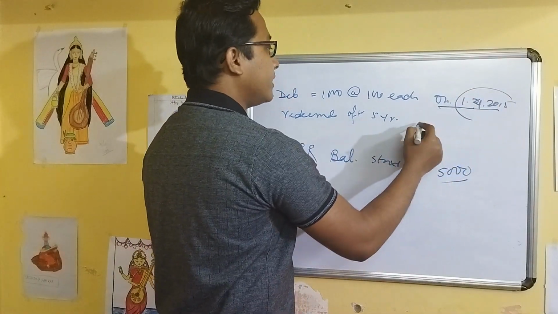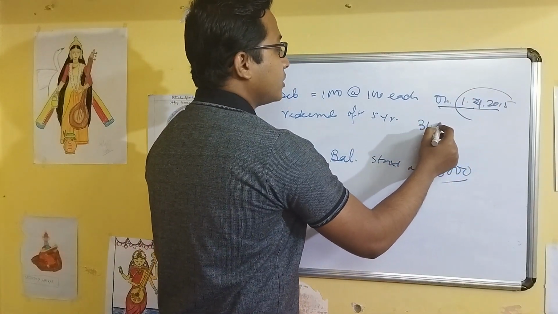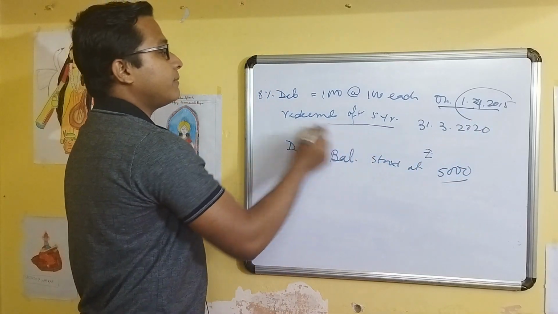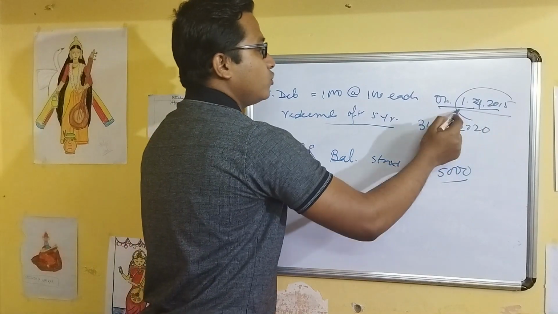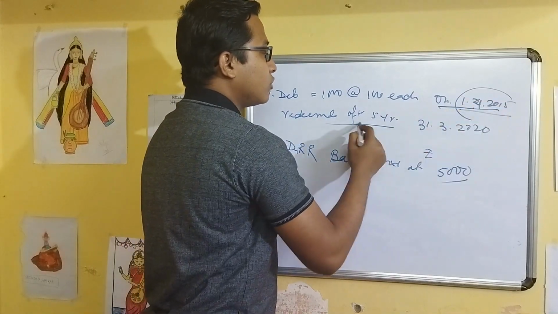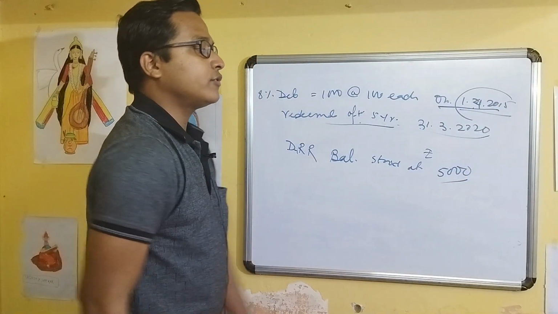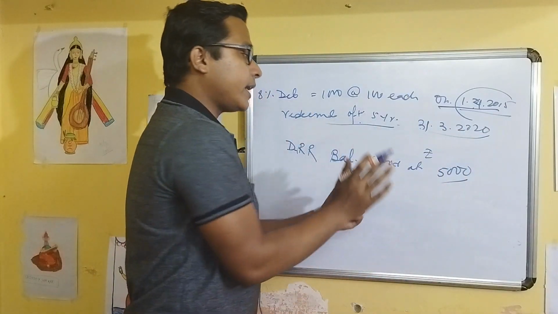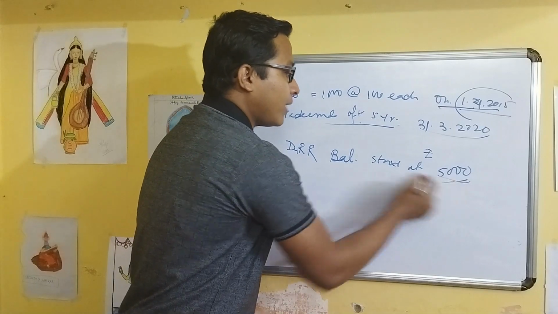The date of redemption will be 31st March 2020, since it is repayable after 5 years. The date of issue 1/4/2015, so after 5 years it comes to 31st March 2020. So on this day the total accumulated figure is 5,000.